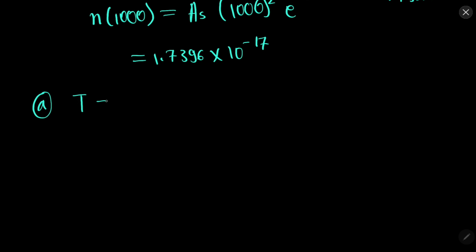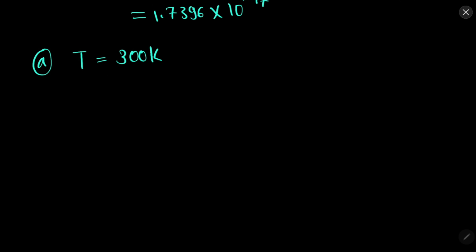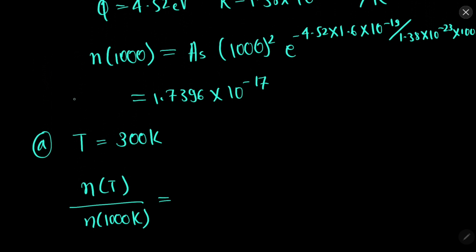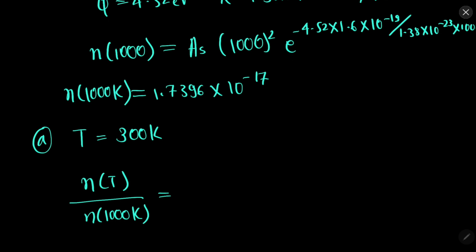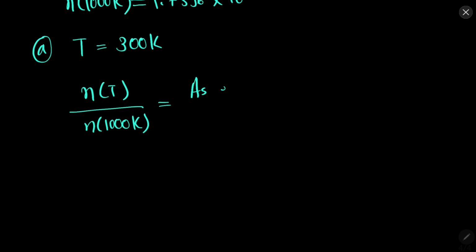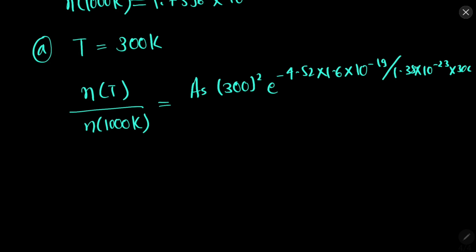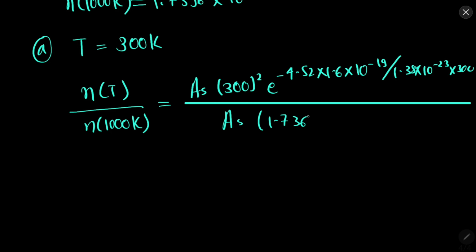So first situation, when temperature is 300 Kelvin, so N of T over N of 1000 Kelvin will be A S E, then 300 square e to the power minus 1.6 into 10 to the power minus 19 over 1.38 into 10 to the power minus 23 into 300, over A S E into 1.7396 into 10 to the power minus 17.